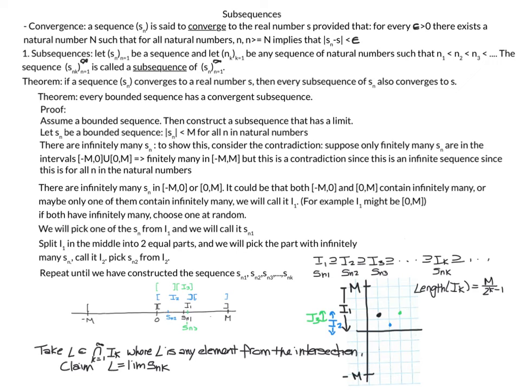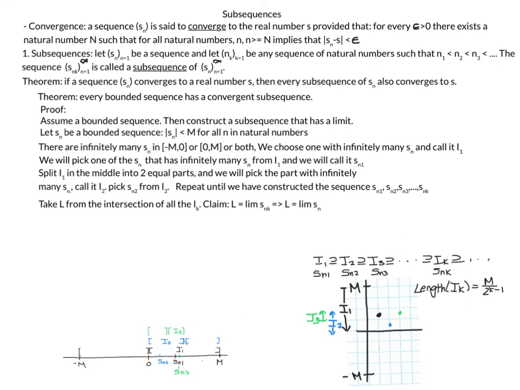Now that we've constructed a subsequence of Sn, we need to show that this subsequence has a limit, that it is convergent. So what we are going to do is take L to be the intersection of all of our Ik. If we keep getting smaller and smaller, eventually we're going to have intervals that are really tiny, and if we do that up to k equals infinity, eventually we're going to approach L, which we're going to claim is the limit of Snk.